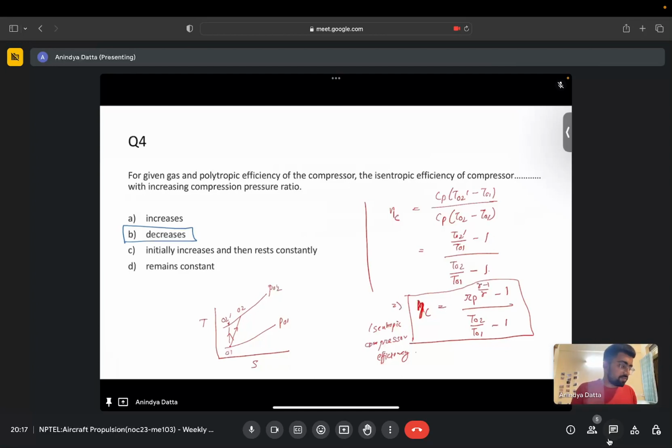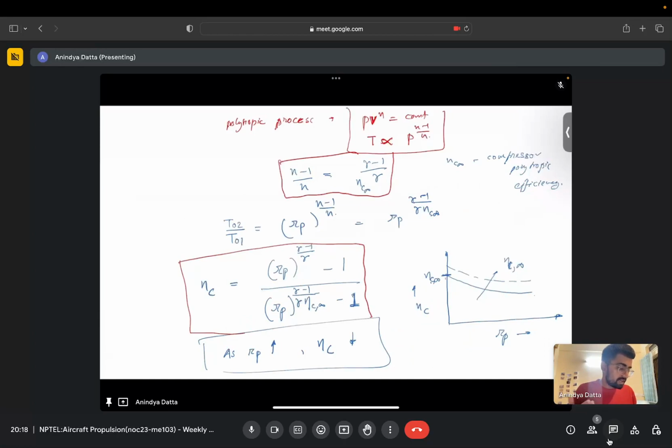From the derivation, we can get an expression relating the isentropic compressor efficiency and the polytropic compressor efficiency, and we have seen that with increasing pressure ratio the isentropic compressor efficiency decreases.